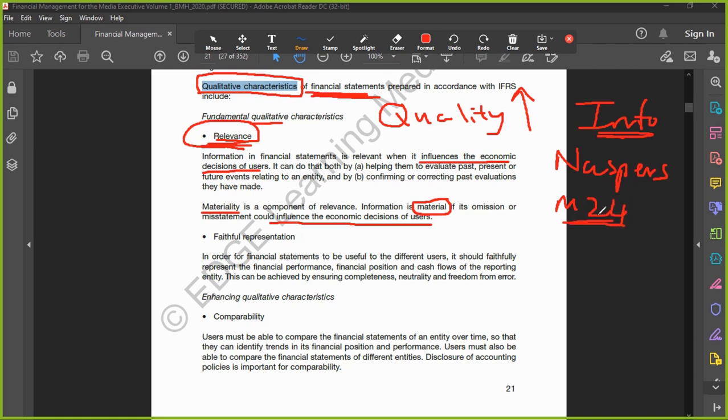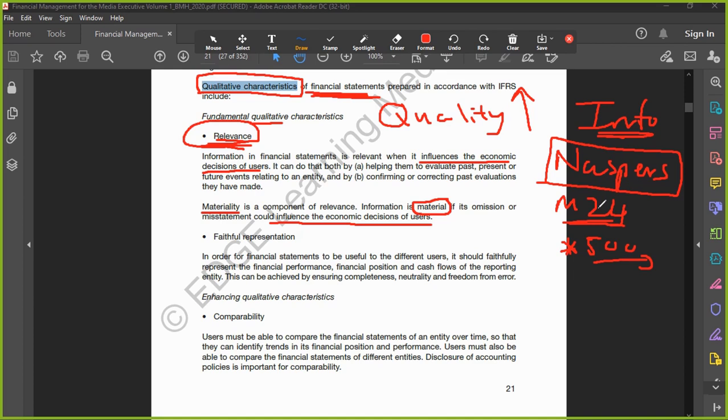If you're looking at Media24 as part of the bigger business, what happens if they couldn't account for some stationery? Let's assume there's 500 Rand worth of stationery that they couldn't account for. Maybe it was damaged, maybe it was lost, maybe it was stolen, whatever the case might be. Would we stress about 500 Rand worth of stationery if I'm looking at the Naspers financial records?